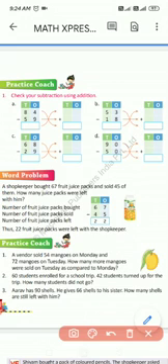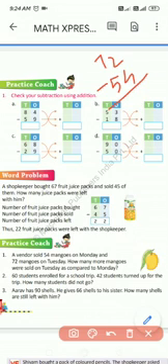So first of all we will write 72 and minus 54, because he sold 72 mangoes on Tuesday and 54 mangoes on Monday.